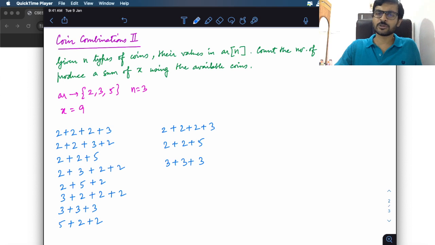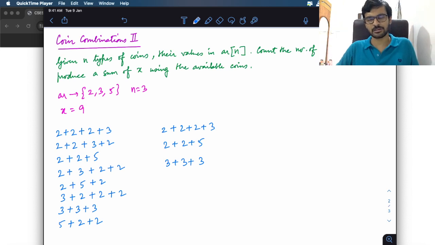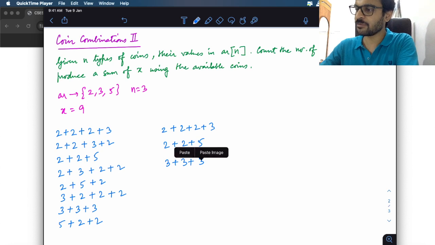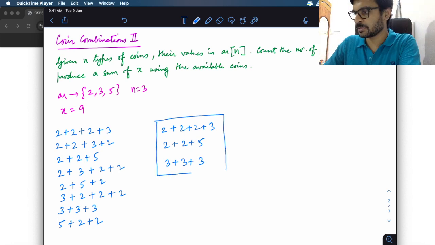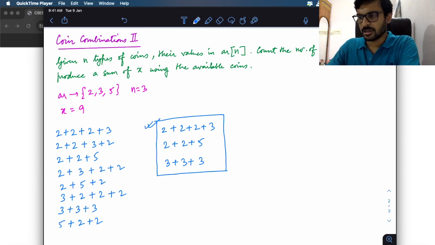So when do we call two ways different? If we sort both of them, then at one point they will mismatch. That is the proof that they are two different ways. Fine. So basically we want this particular list. What is the number of ordered ways?